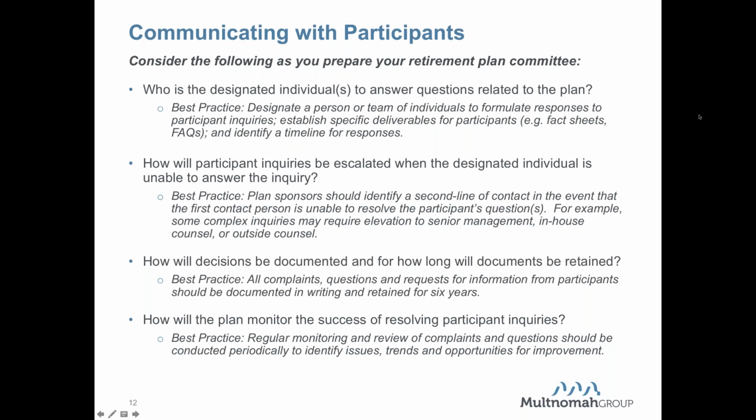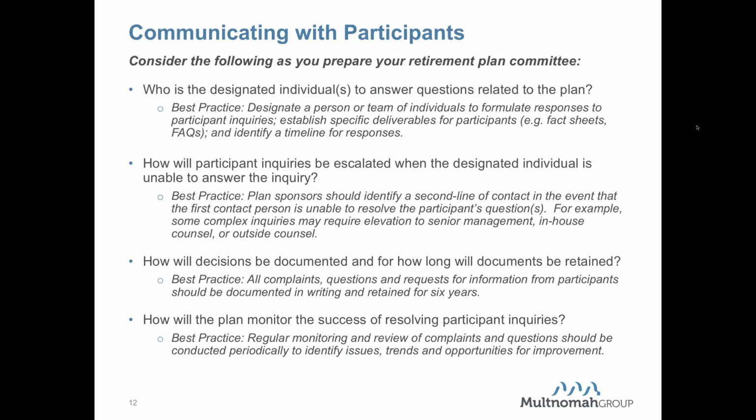And we created a policy that we can make available to someone in the HR office so that when a participant comes in and says, hey, I want to see the plan document, they have a policy in place for how to address that question. One of the top things in that policy is to make sure that the person asking is actually a participant in the plan and not just random plaintiff's counsel walking in the door to ask to see that.